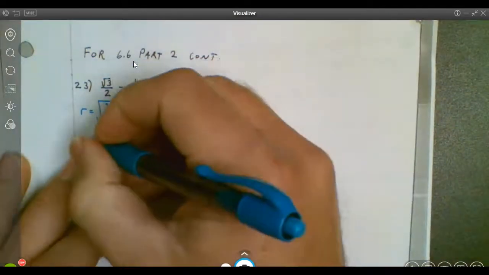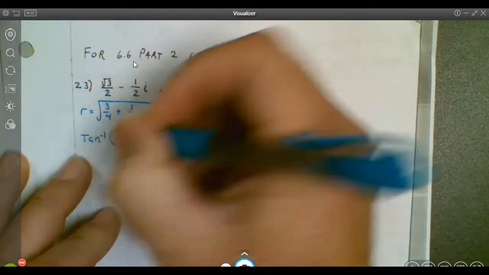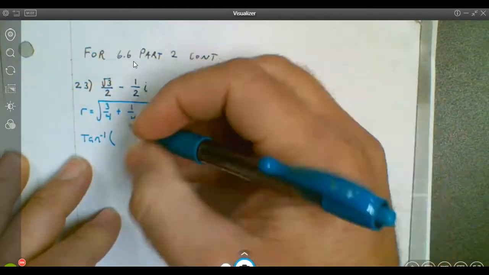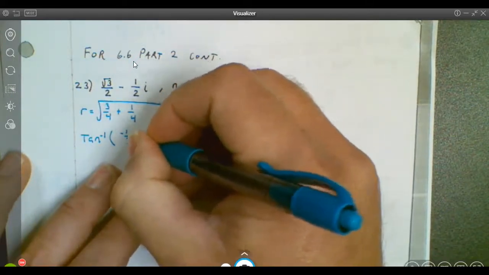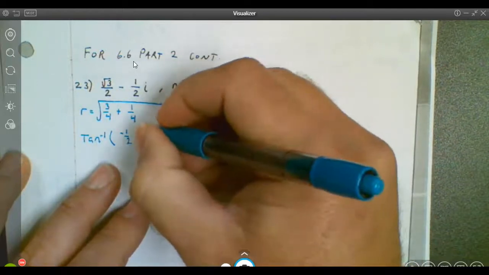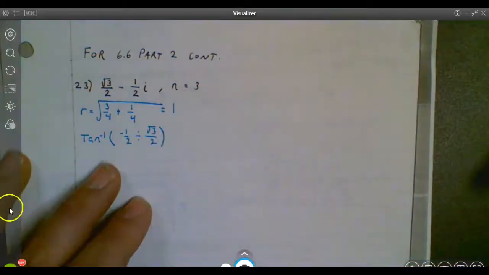We're going to get theta by doing the inverse tangent of b over a, so negative 1/2 divided by rad 3 over 2. So where are we going to see that on our unit circle? And guys, again, keep in mind what quadrant we are in. This would go right, then down, so I'm in quadrant 4. So where am I going to see a tangent ratio where I'm doing this y value divided by this x value?